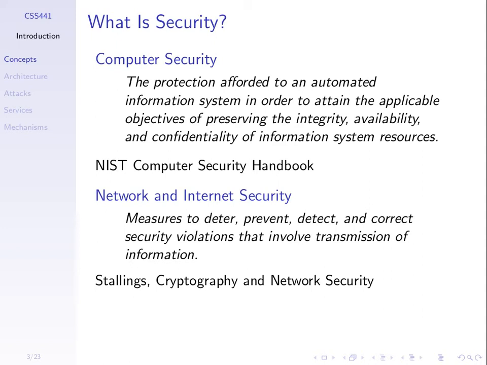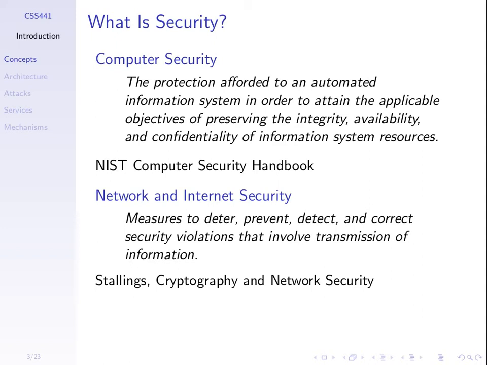Computer security may focus on the security of an individual computer, but common nowadays we network computers, so we also care about not just security of information on that computer, but when it's transferred between computers. So network and internet security. Measures to deter, prevent, detect and correct security violations, something goes wrong, that involve the transmission of information.